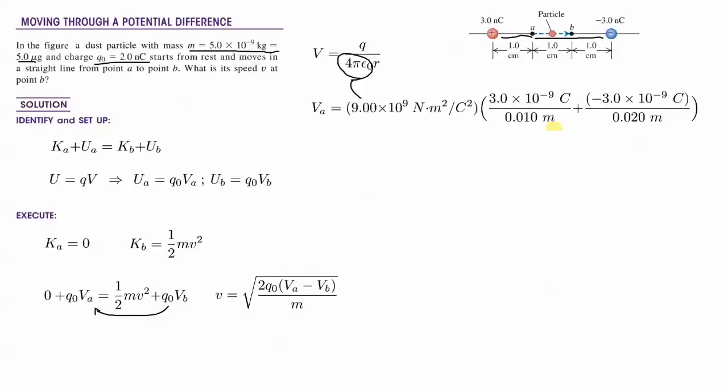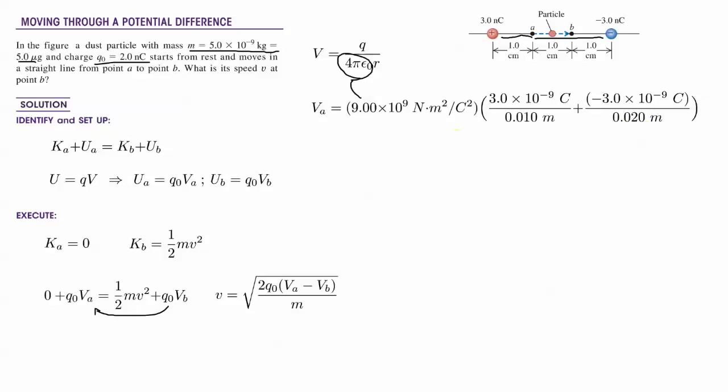So in this first part, it was a positive 3 because that one's only 1 centimeter away from the dust particle, or 0.01 meters away. And then the negative charge is 2 centimeters away. So that's why it's negative 3.0 times 10 to the negative 9 coulombs over 0.02 meters.